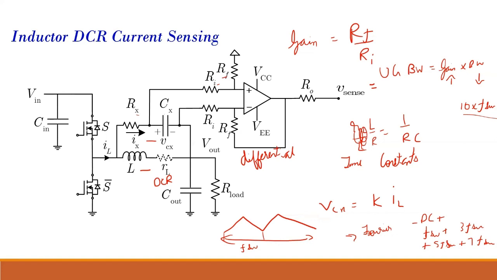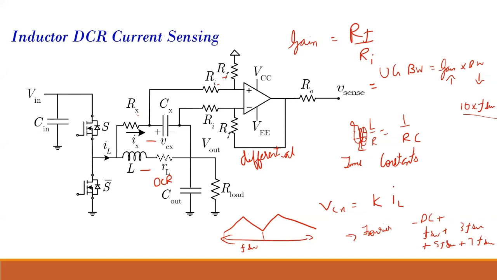Yes, the waveform of V sense, which is the scaled version of IL, will be closer to IL. V sense will not come out to be exactly a scaled version of IL. We assume, or approximate it, to be a scaled version of IL.